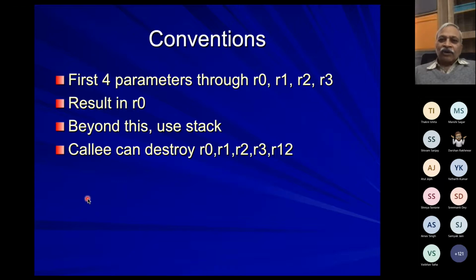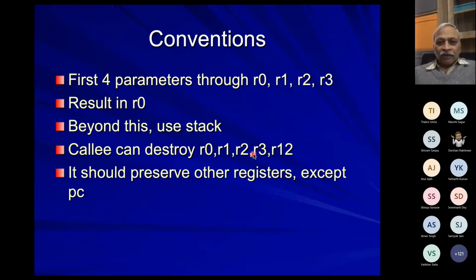That means the contents of these can be modified because callee will also require some registers for its own computation. And once you have picked up the values from here, in the callee, you can change the value. You can use it for some other purpose. But callee is not supposed to destroy other registers.